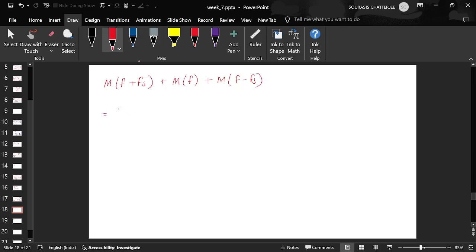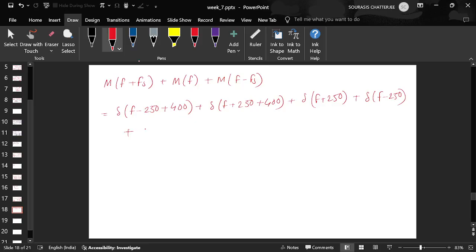So for M(f plus fs), this is going to be delta f minus 250 plus 400, plus delta f plus 250 plus 400. M(f) then is pretty easy: delta f plus 250 and delta f minus 250.